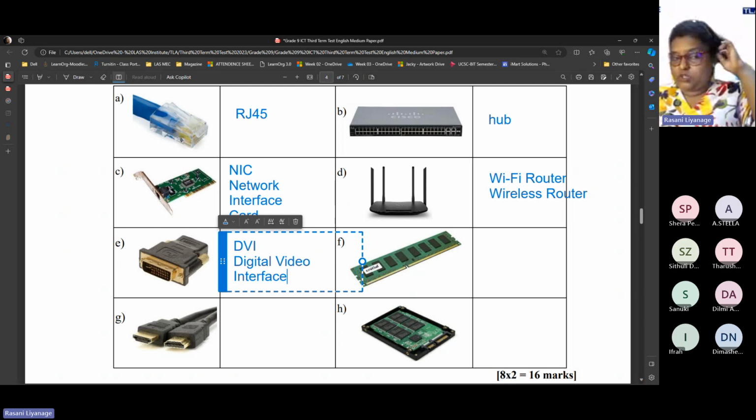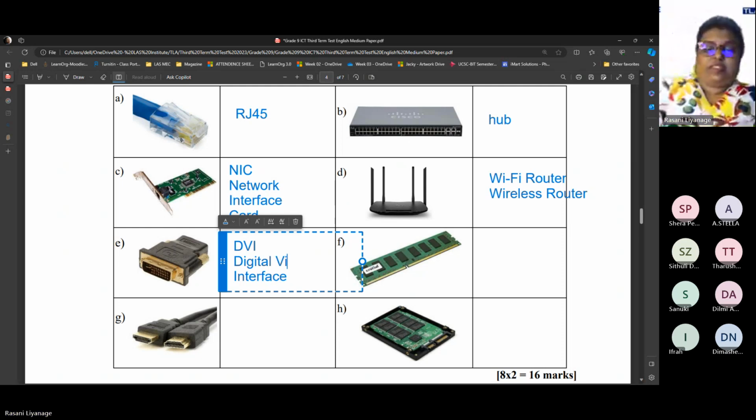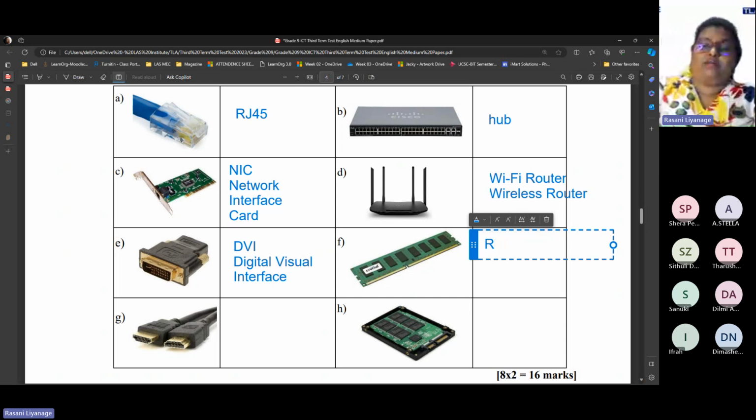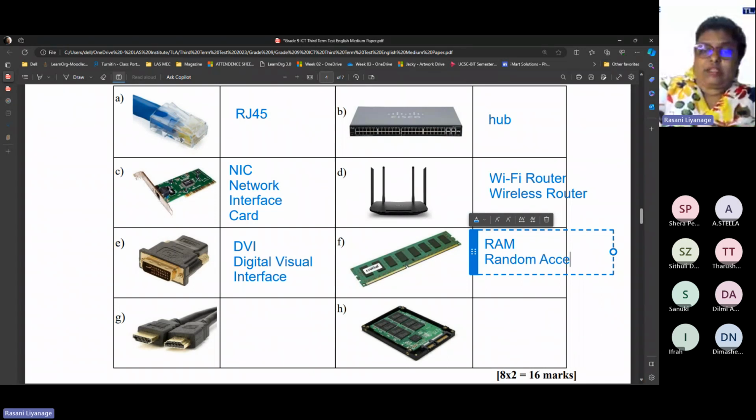Sorry, digital visual interface. Same meaning, but the term is different. Digital visual interface. Next, any simple RAM, but say random access memory.